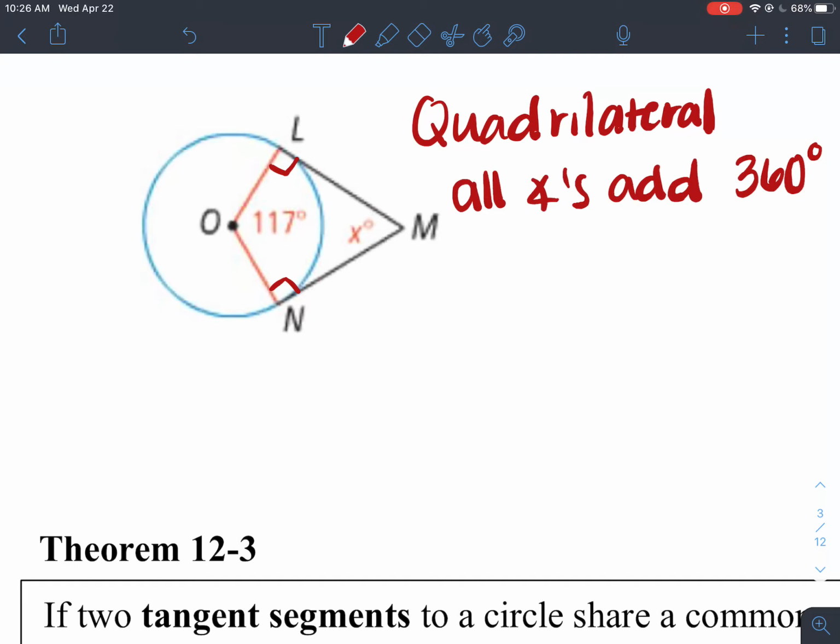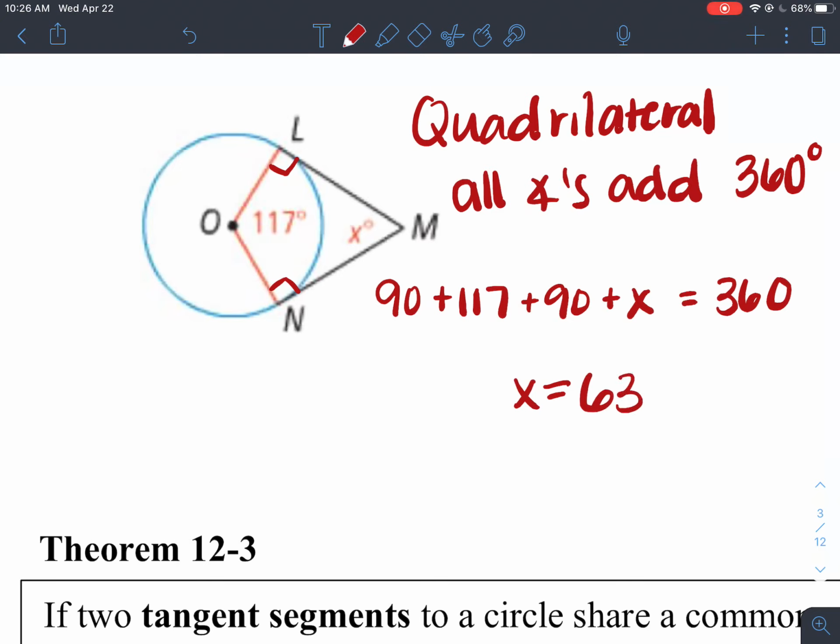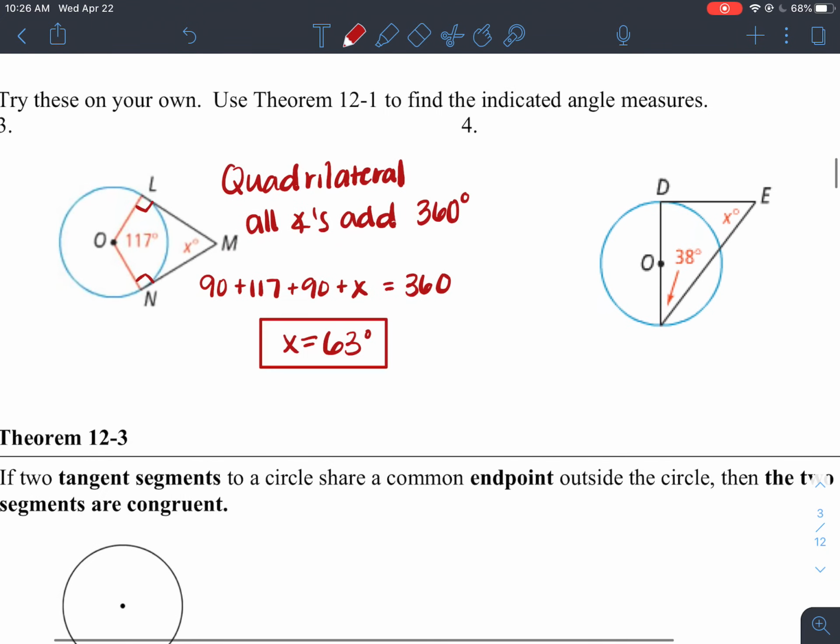So I can figure out my x value by saying, okay, well, 90 plus 117 plus 90 plus x, all 4 angles have to equal 360. So then my x value, after I do my arithmetic, is 63 degrees. All right, so that's utilizing that theorem 12.1. If you have a tangent line, you have a right angle.